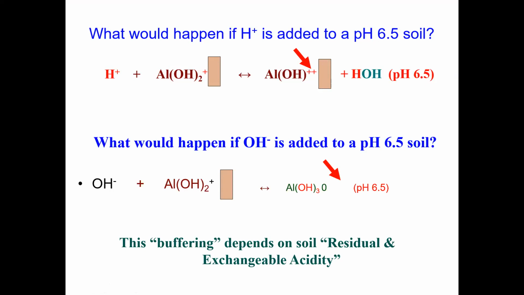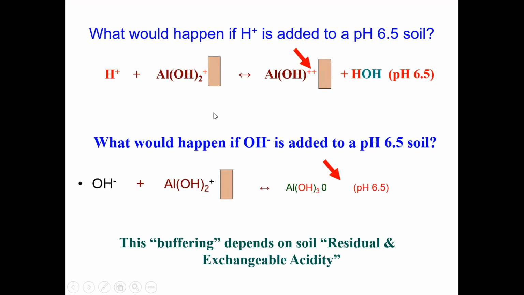So just to review, what buffering is really talking about is the ability to sacrifice some charge to negate a change in pH, right? So that buffering works in both ways, where if we add H+, we can resist a change in pH by sacrificing a negative charge site.